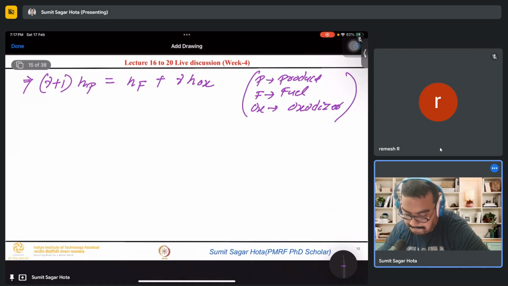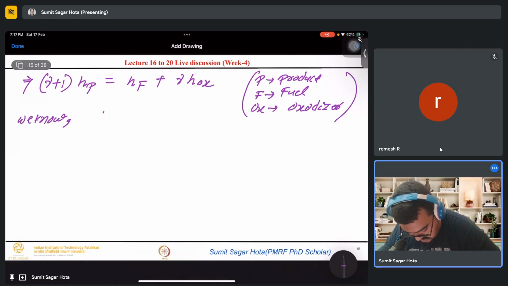Now we have to substitute in this. You know H is equal to enthalpy of formation plus what? What is enthalpy? Enthalpy is always the sum of enthalpy of formation plus sensible enthalpy.